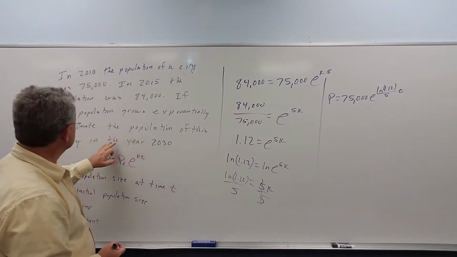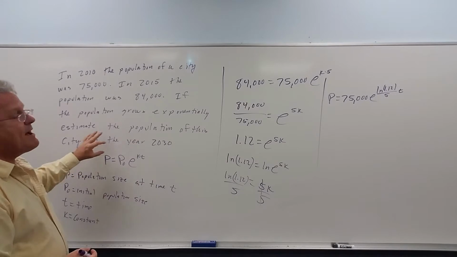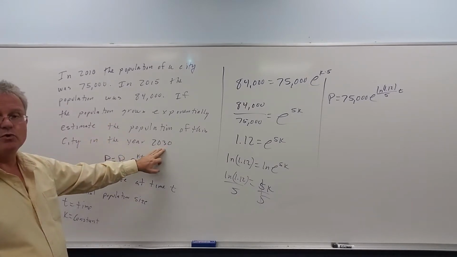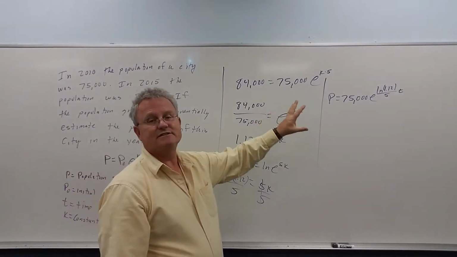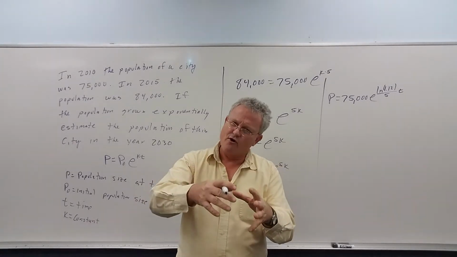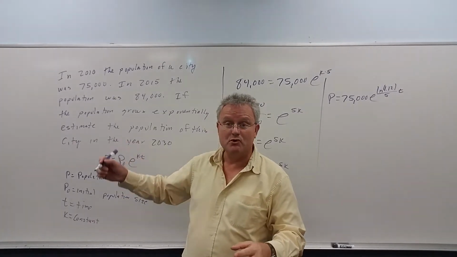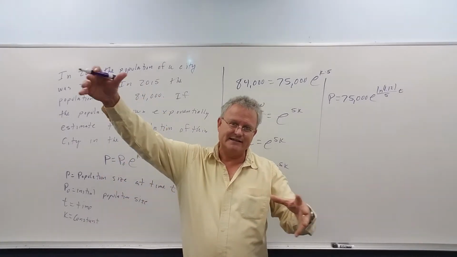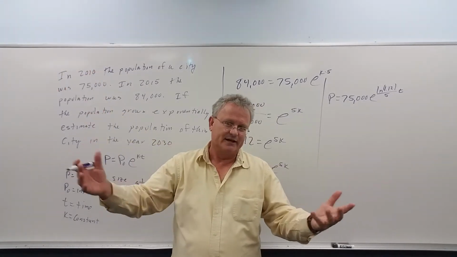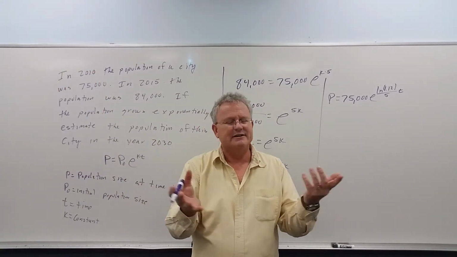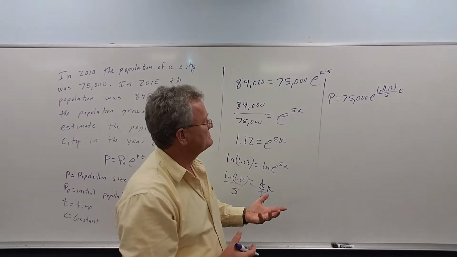Now the question is, what is the population size going to be in 2030? This is an estimation because we don't know if people are going to continue to move in at exactly the same rate. It's going to vary a little bit, so our answer is an approximation.